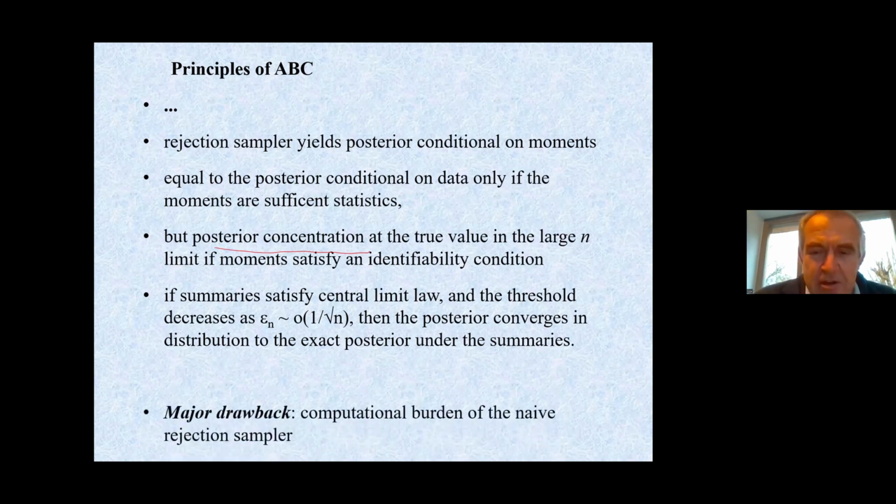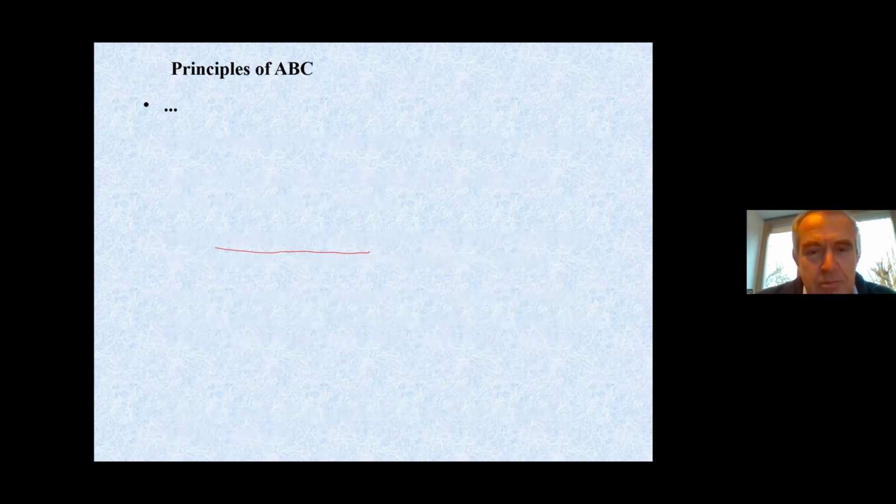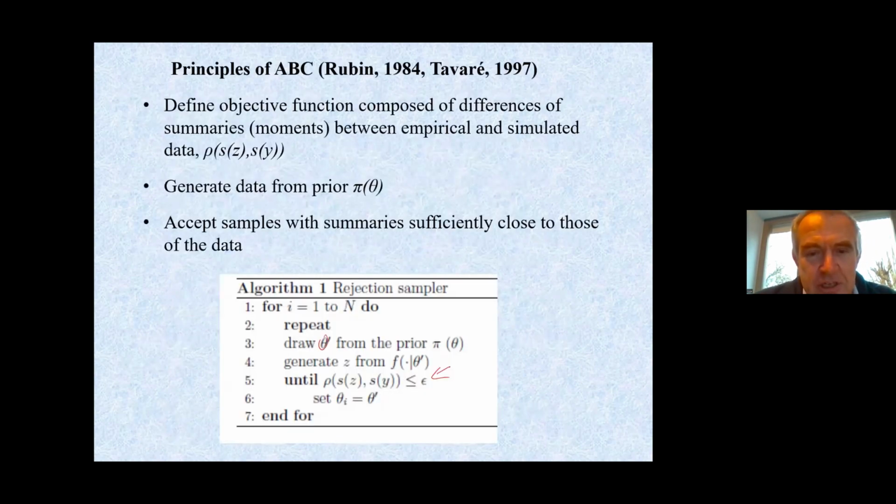So there's a lot of theoretical knowledge, which is always good because you should know what you are doing if you estimate something. You should know that the estimator would converge theoretically to the right true values. The major drawback is the computational burden, because you can imagine that if you impose such a condition with a very small deviation that you want to have between the empirical and the simulated moments, you have to simulate maybe millions or more of samples in order to get a decent number of acceptances, say 100 or 1000.